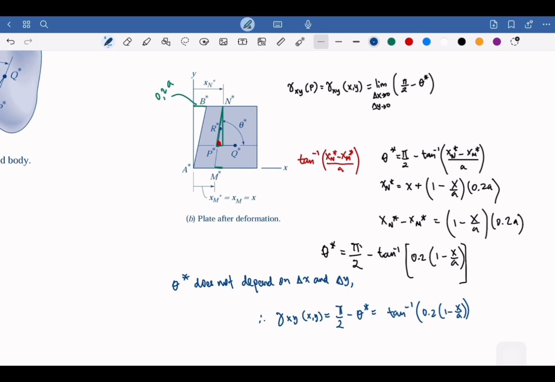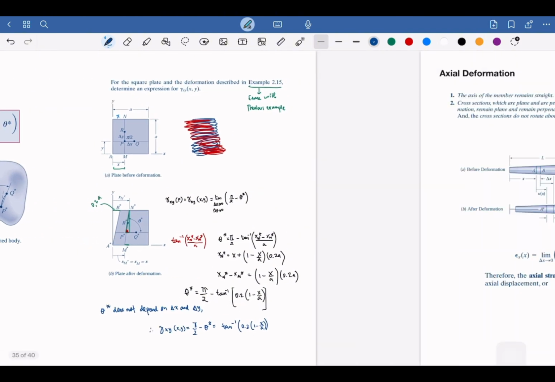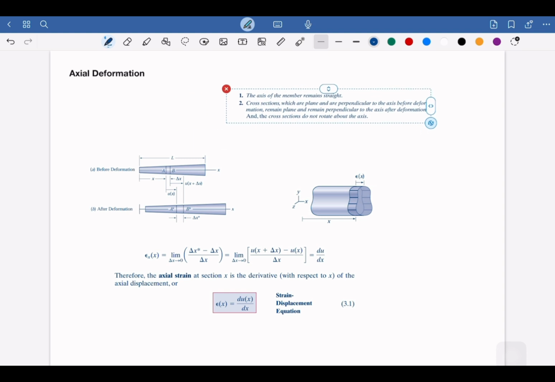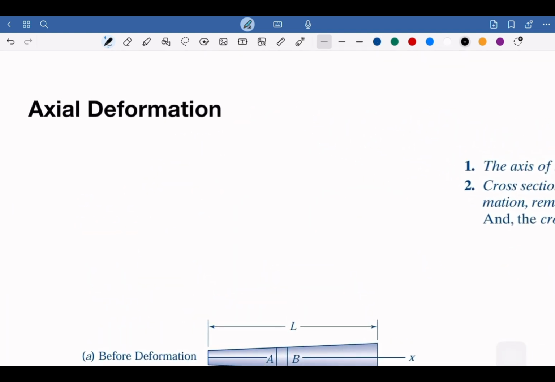Okay, let me go straight to the next chapter, which is axial deformation. Let me start with the definition.